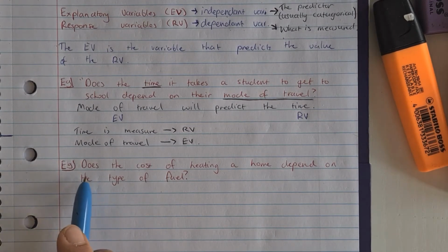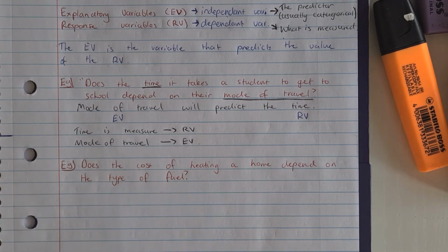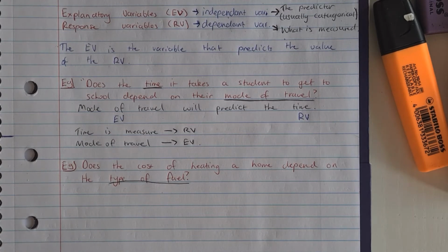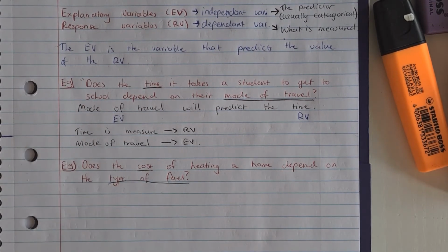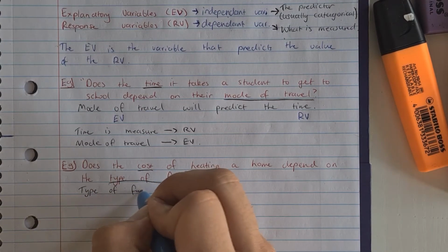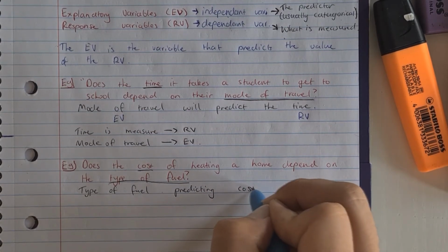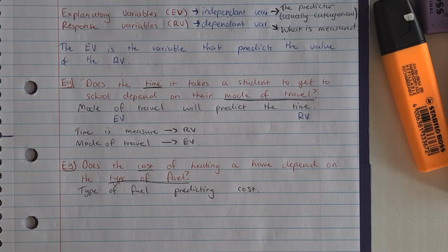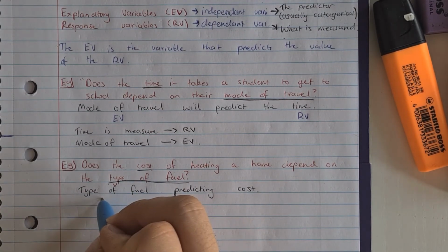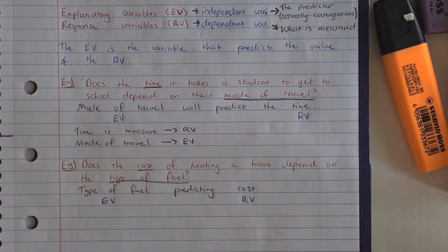In this example, we have, does the cost of heating a home depend on the type of fuel? So the way the question is worded is that we are suggesting that the type of fuel is going to predict the cost of heating a home. So if the type of fuel is predicting the cost, then the type of fuel is our predictor, which is our explanatory variable, and the cost is our response variable.